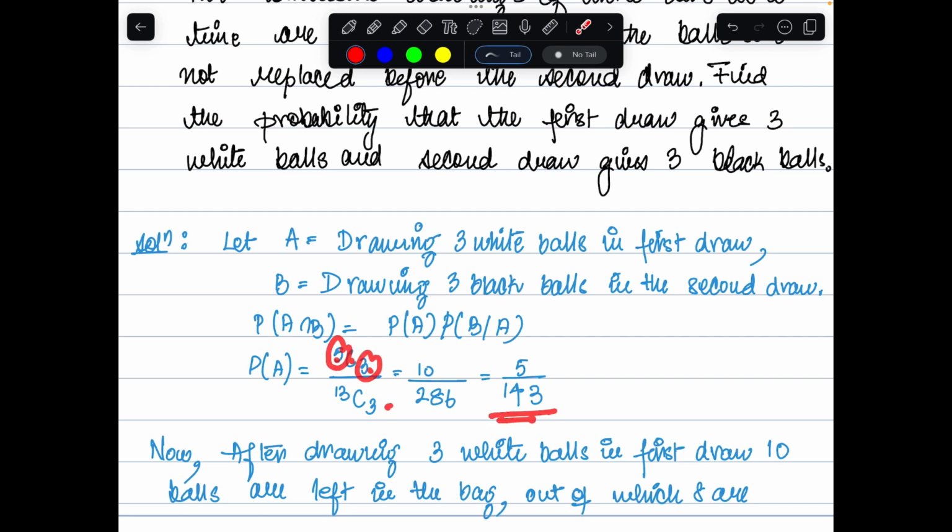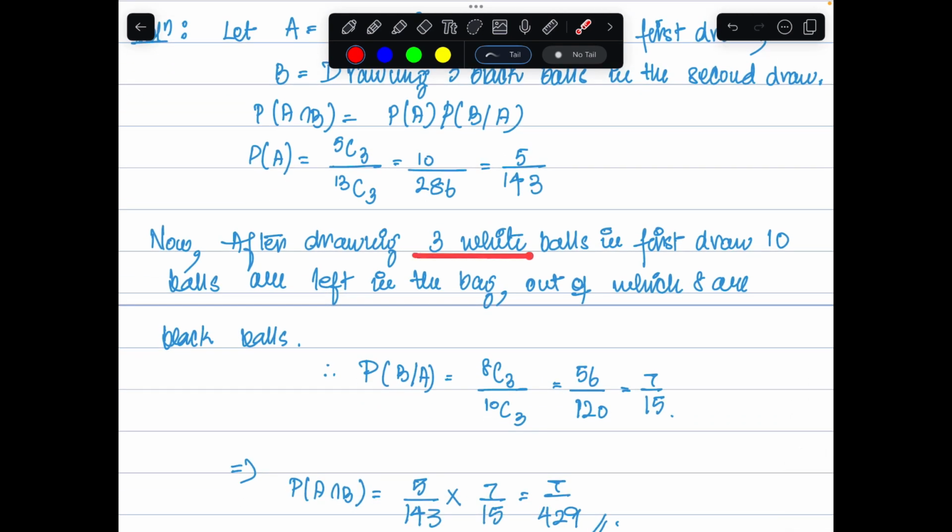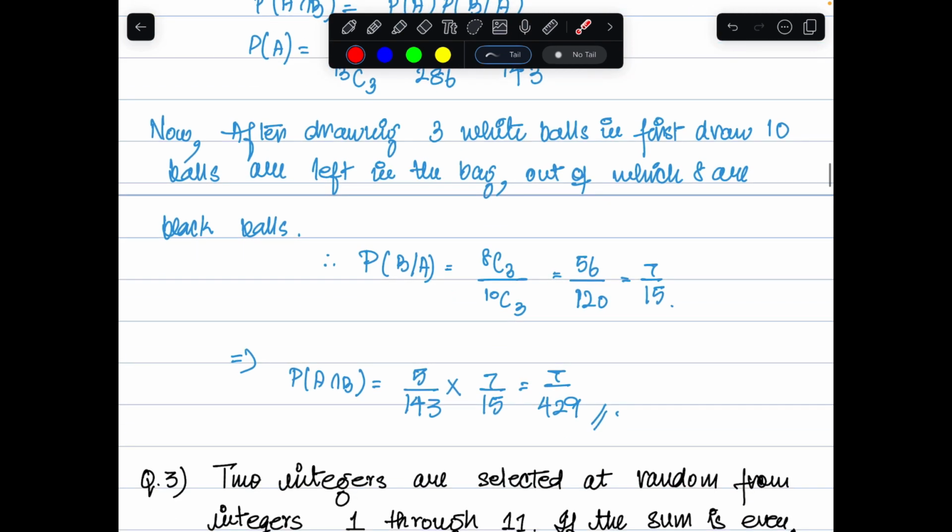Now after drawing 3 white balls in the first draw, 10 balls are left. Now out of those 10 balls, again you are picking 3 balls. So the number of ways you can do that is 10C3. What do you need now? You need 3 black balls out of how many? 8. So 8C3 by 10C3.